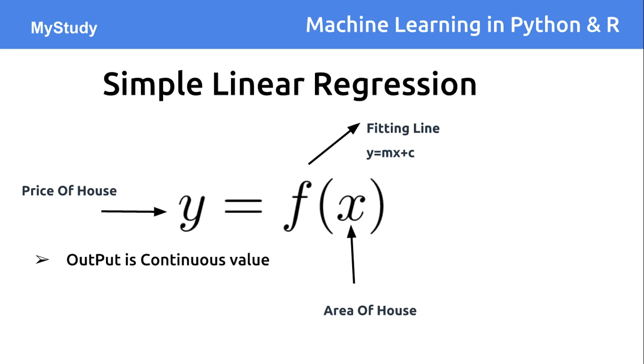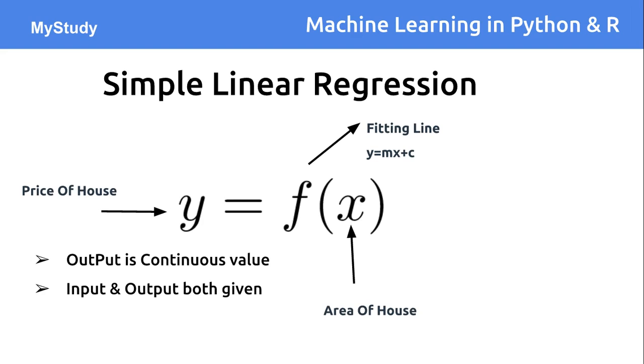Let's see some of the characteristics. We have observed that the output, the price of the house, is a continuous value. It can take any real number as output. Both input and output are given to us.